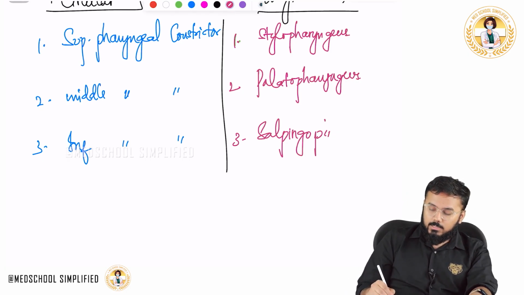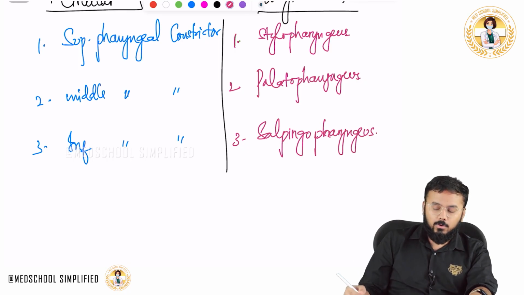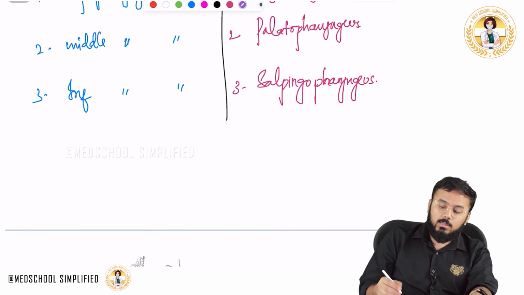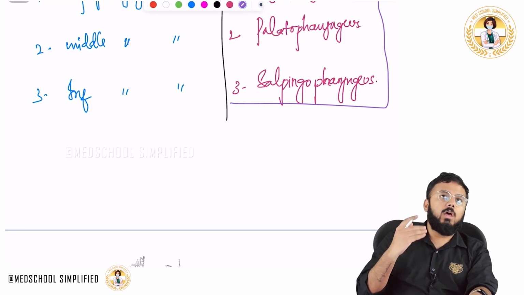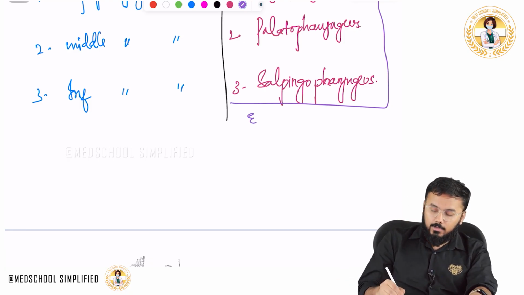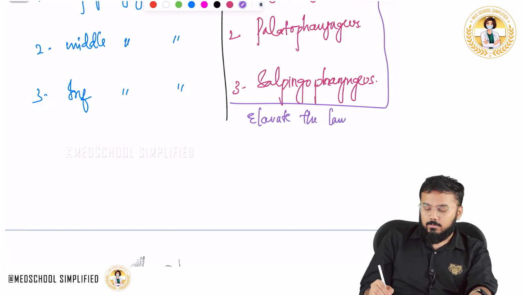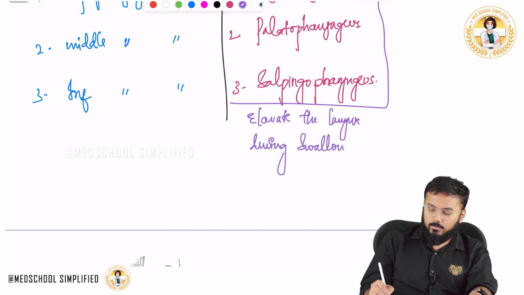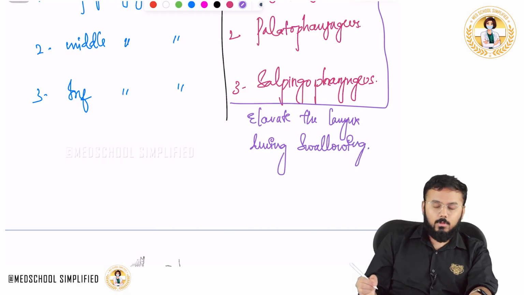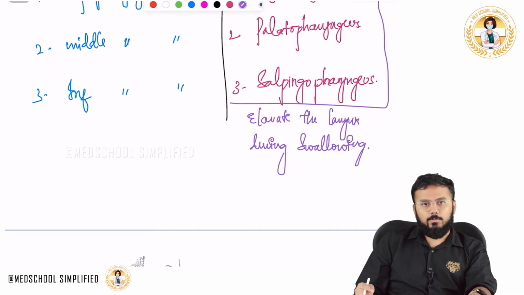Stylopharyngeus, palatopharyngeus, and salpingopharyngeus. What is the use of all these three muscles? All these three muscles are responsible for elevating the larynx during swallowing. When you are swallowing, the larynx should be elevated, right? So they elevate the larynx during swallowing.